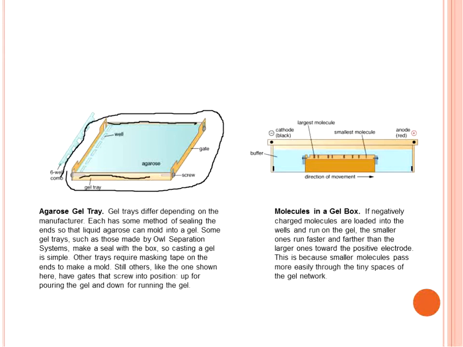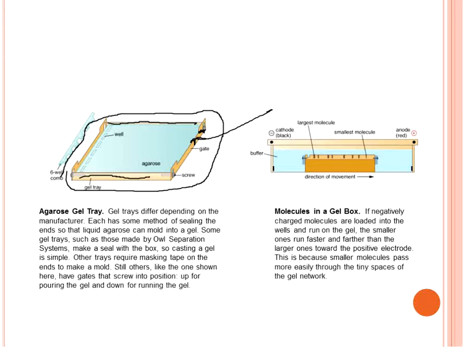And on these two sides, you have these gates. Here is a gate. So gate is like a plastic piece that can be screwed in. Right? There are two screws, one here and one here. So when the screw is tight, the gate is fixed, and this becomes like a little pan, and you can pour the liquid in it, right?